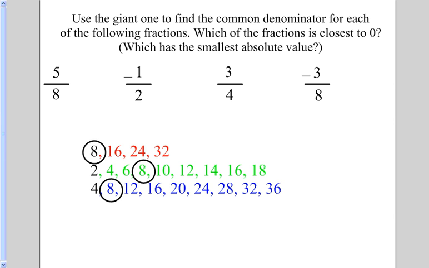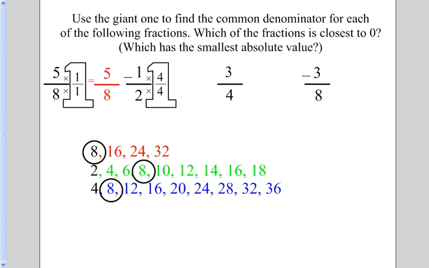Now, we need to figure out what we're going to multiply each of these fractions by in order to give us a denominator of 8. Well, 5/8 is easy. That's going to be 1 over 1. 5/8 times 1 over 1 equals 5/8. -1/2 times 4/4 is going to give us -4/8.